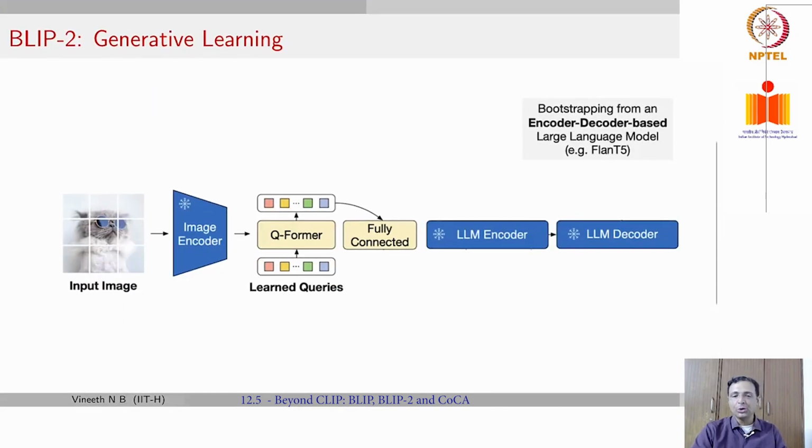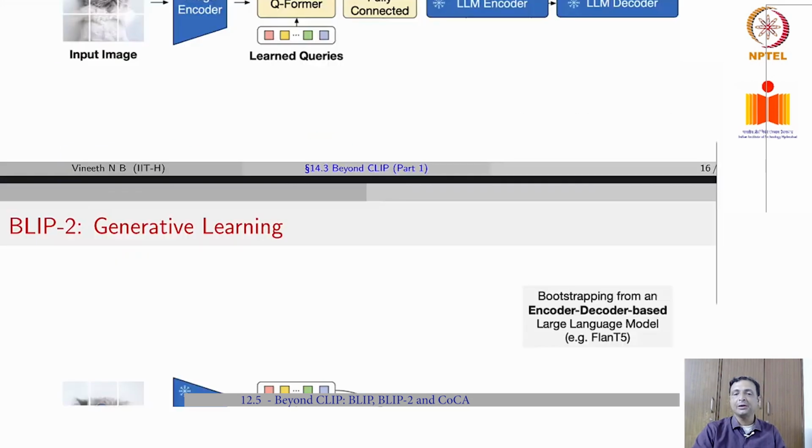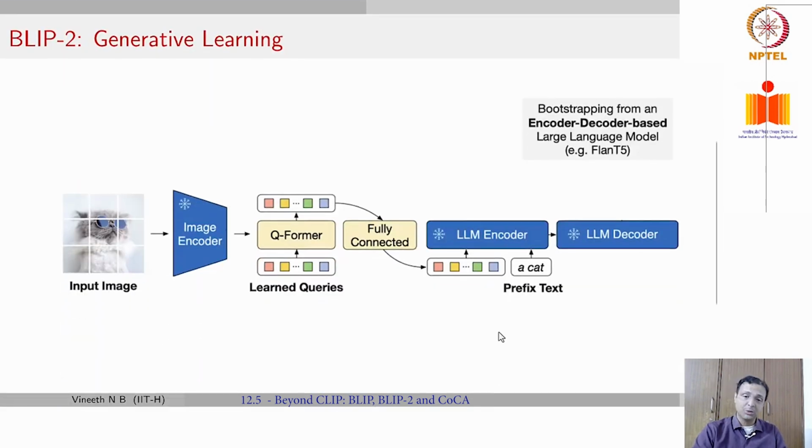But in the generation module, they also test a variant where once again the output query tokens of the QFormer go through a fully connected layer and are first provided to an LLM encoder as queries along with a prefix text.